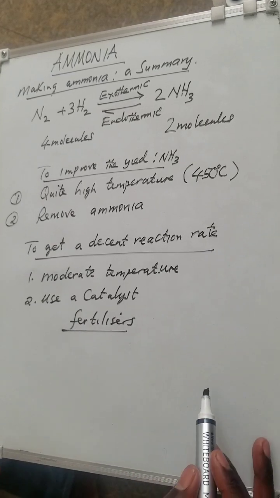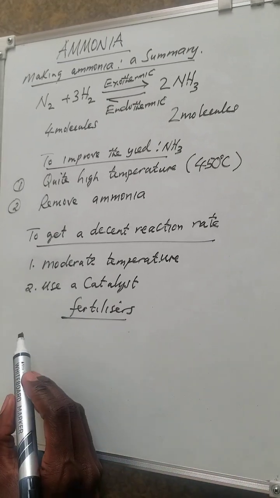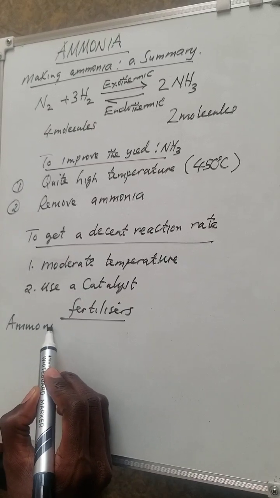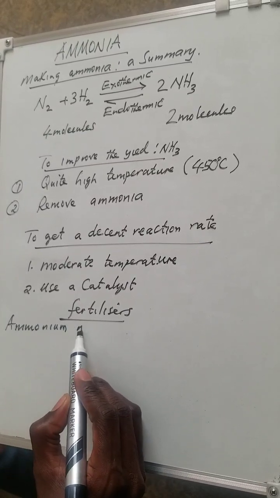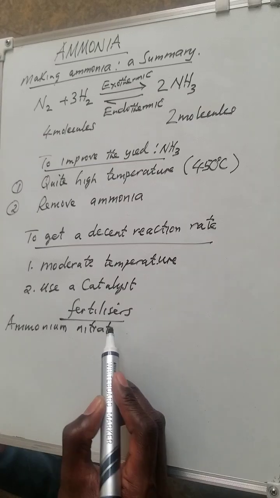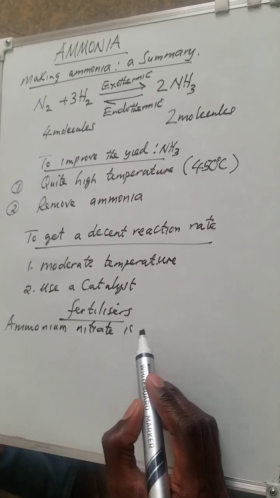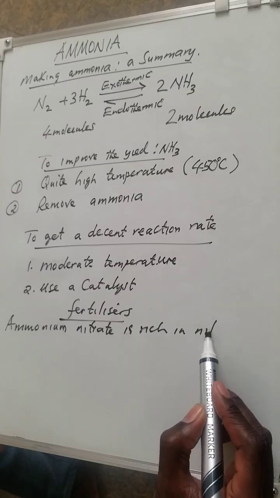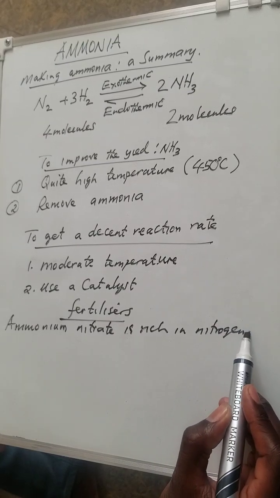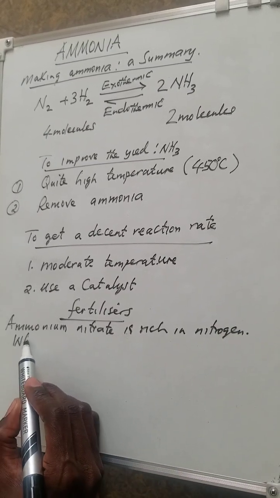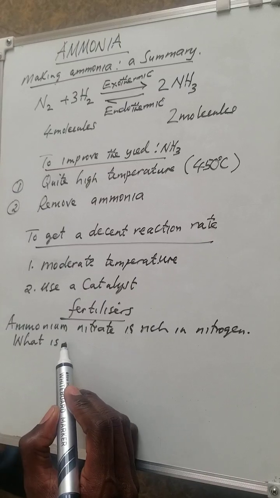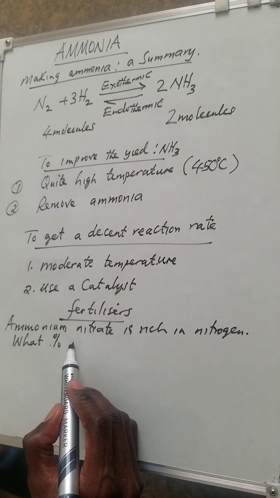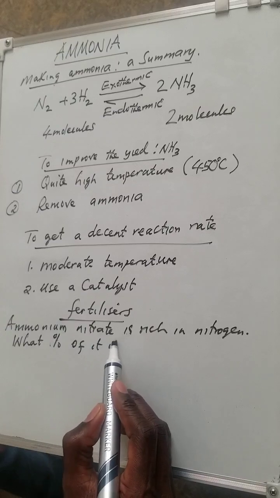Now the question that we can briefly look at is that ammonium nitrate is rich in nitrogen. In the exam they can ask you what percentage of it is nitrogen.